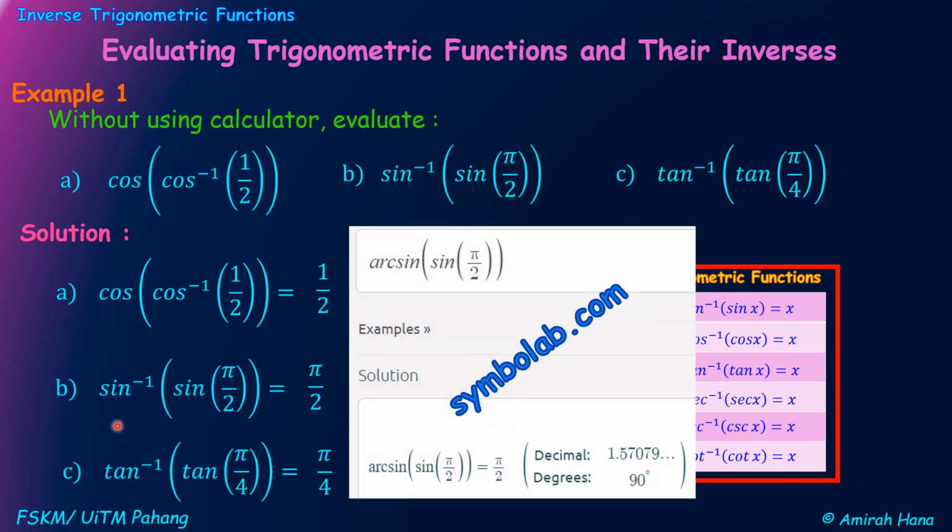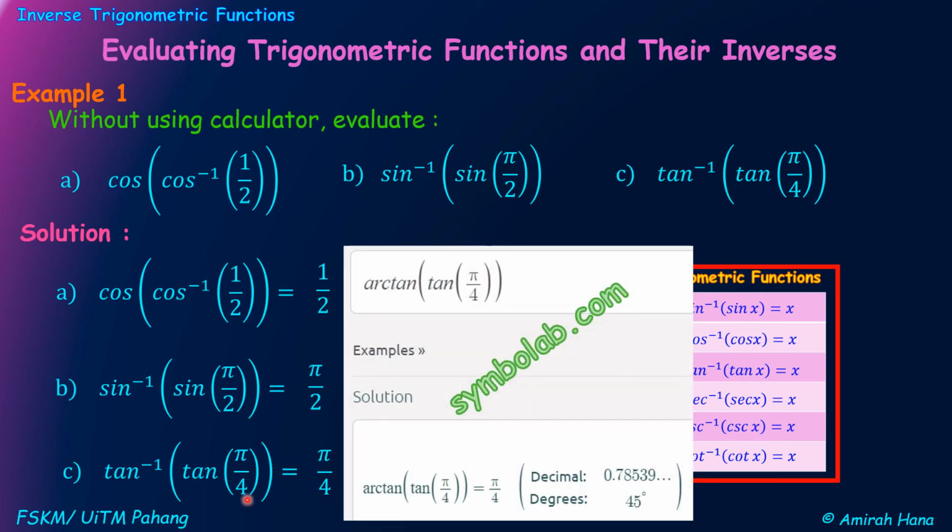And then B, inverse sine means arc sine and then sine pi over 2. After we press enter, the answer equals pi over 2, or in decimal 1.57079 something, or 90 degrees.